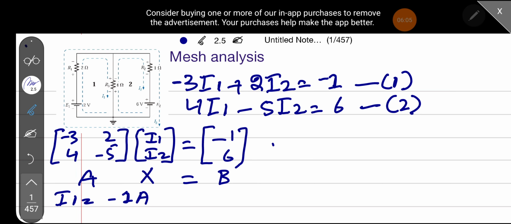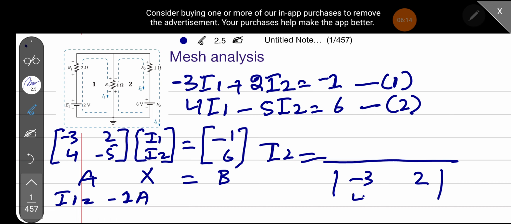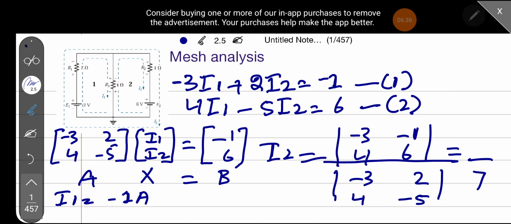Now for I2, the determinant, and we replace column 2 with the matrix B. As we know the determinant of this matrix is equal to 7 and the determinant of the numerator is equal to -14.